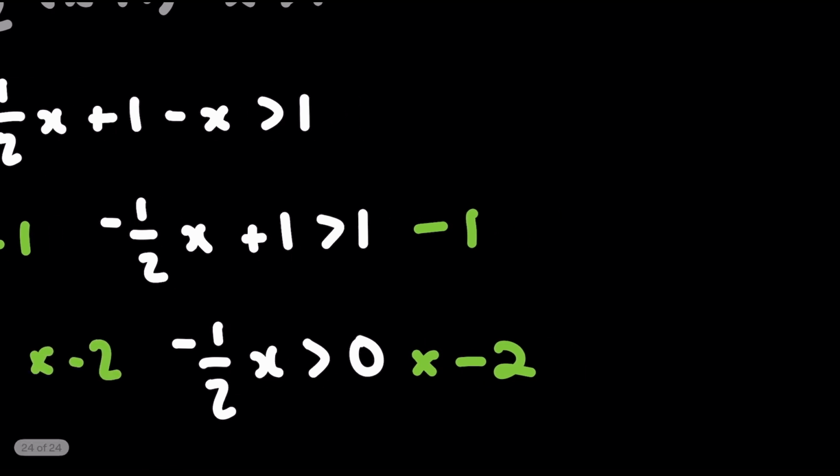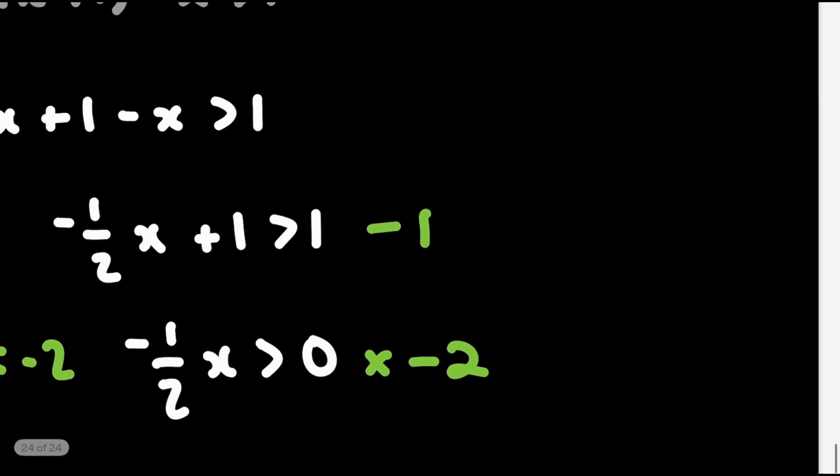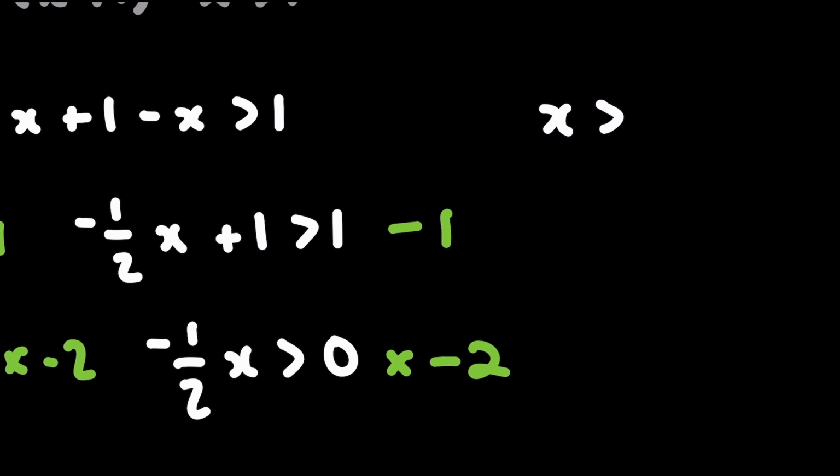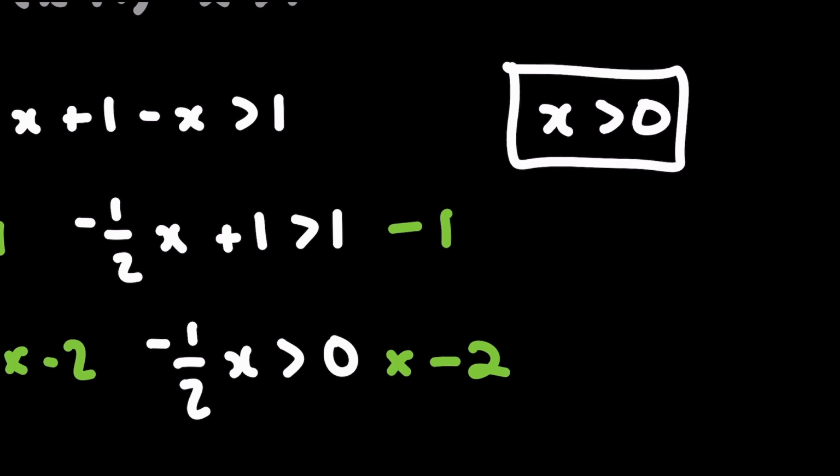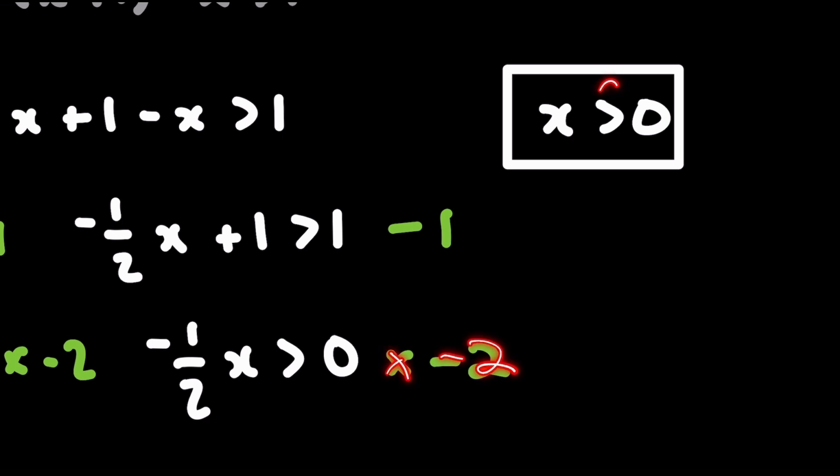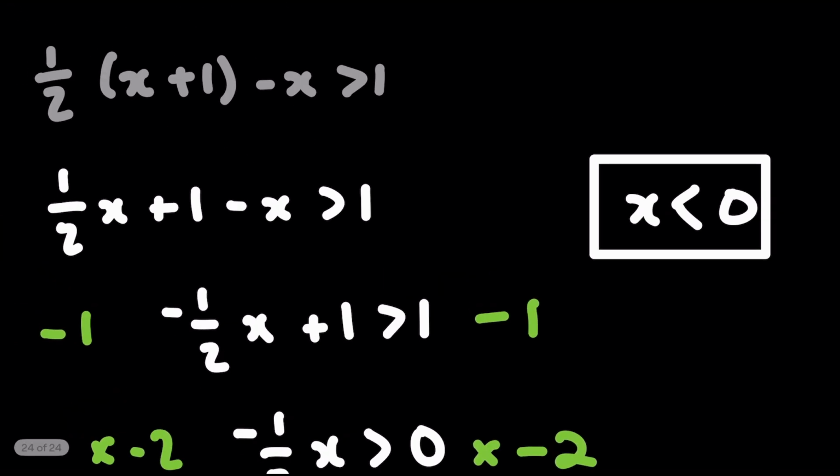And so what I'll have left is that x is greater than 0. However, because I had to times by a negative number, my final answer's sign is actually going to be switched. Because it's greater than here, it's going to be less than over here. And so that's how you solve this equation over here.